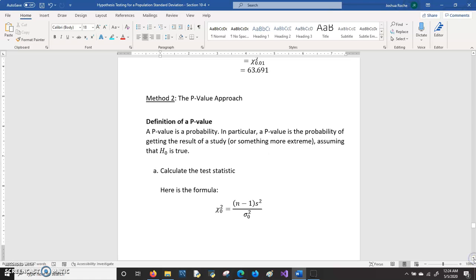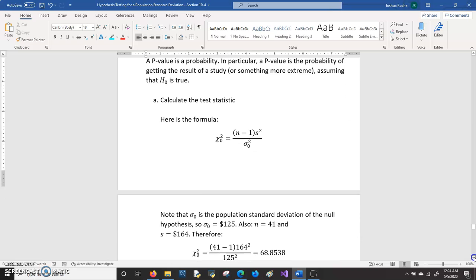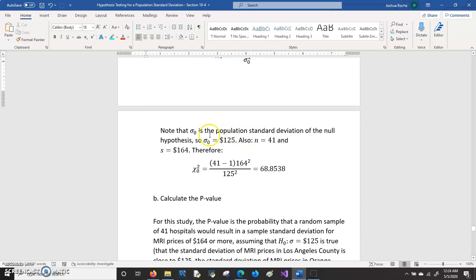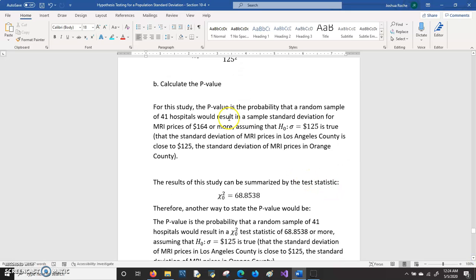The second approach is the p-value approach. And the first thing that you want to do is to calculate the test statistic. So just like in the last approach, we would take those steps, put those numbers in, we would come up with this result, 68.8538. And to calculate the p-value, you want to keep in mind the definition of a p-value.